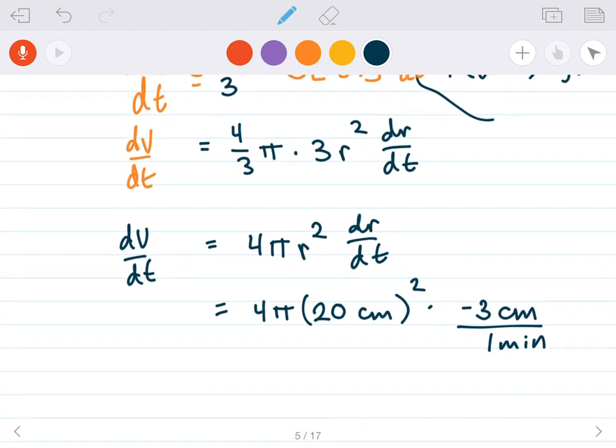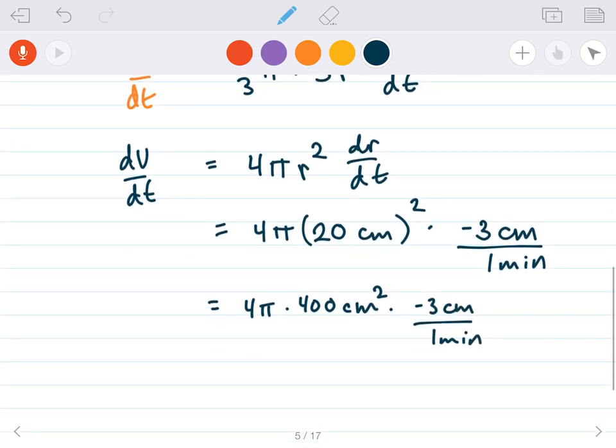All right, so let's see what this is going to give us. If I do the squaring, what I end up getting is 4 pi times 400 centimeters squared times negative 3 centimeters over 1 minute. And then if I just multiply the numbers in the numerator, 4 pi, 400, and negative 3, I end up getting about negative 15,080.